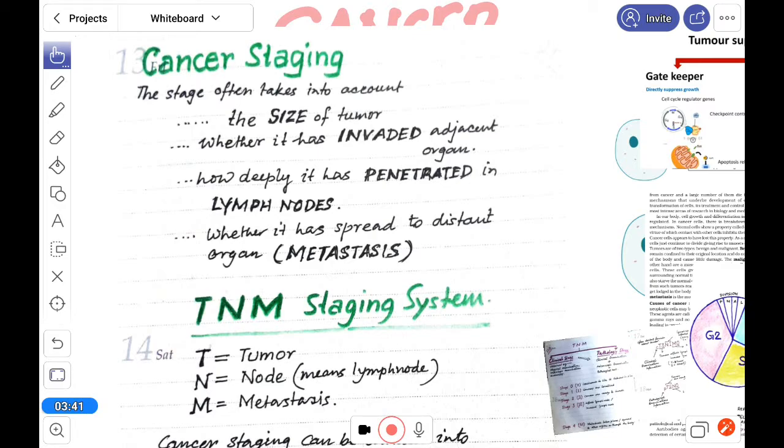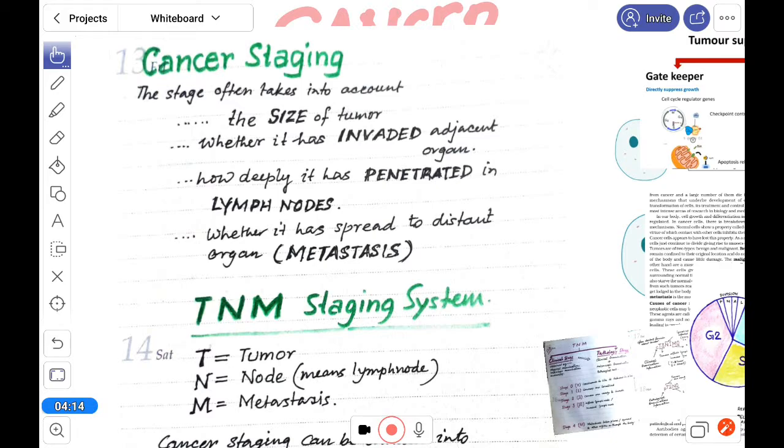We know that cancer is one of the dangerous diseases nowadays, and often people say that the patient is in a certain stage, the third stage or fourth stage. Everybody talks about it: the fourth stage means a dangerous stage, and the third stage or second stage.